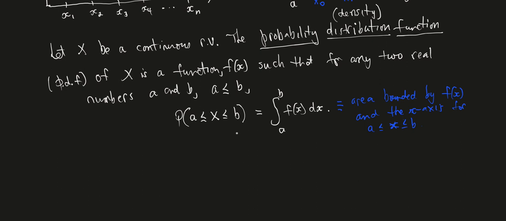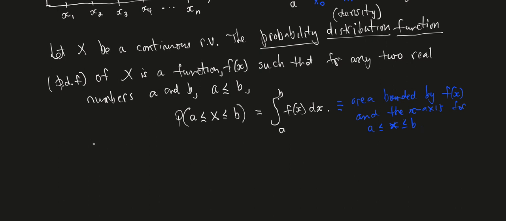Probabilities here for the continuous case will be an integral. In the discrete case, expected values was a sum. Now expected values will be an integral, and so on. So we're actually going to be able to ramp up and get a lot of the basics just by building that analogy.